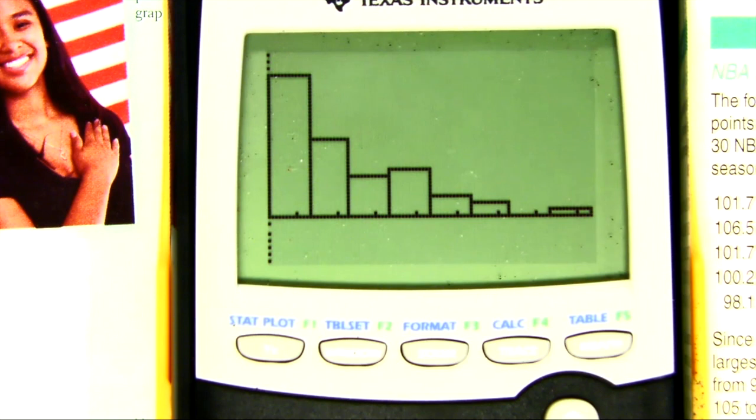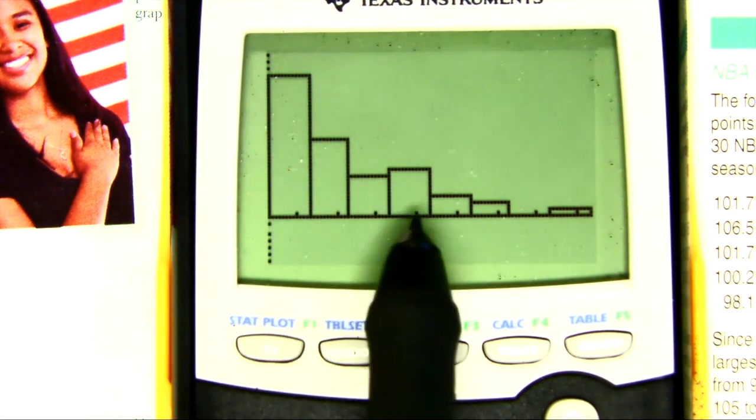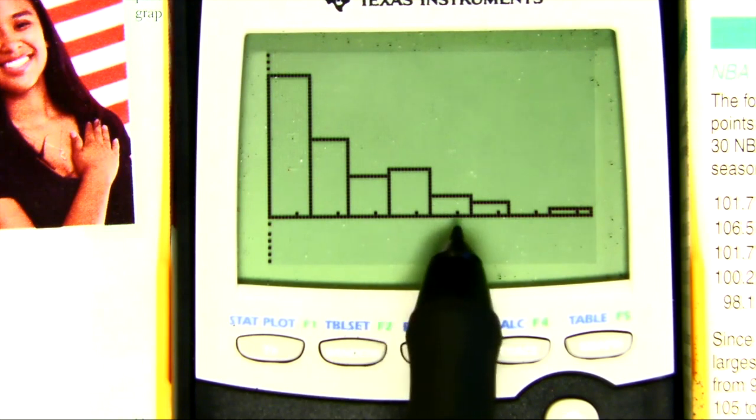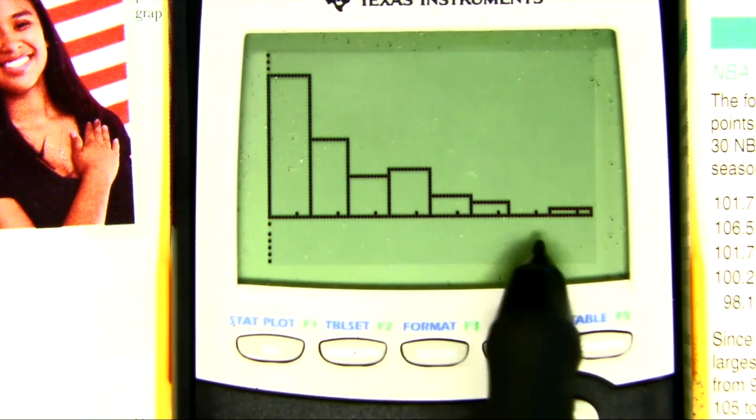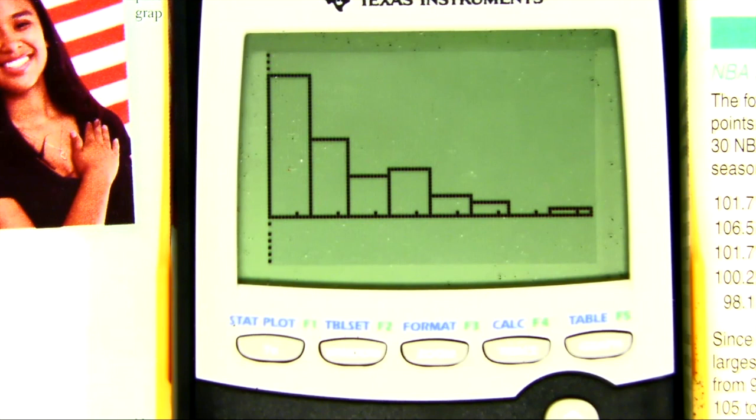Okay. If I'm looking across, I see 1, 2, 3, 4, 5, 6, 7, 8 different classes that they've made for this histogram. And so that's where maybe as we start to get into this a little further, we might want to be like, oh, I don't know if I want 8 bars in my histogram. I want to change it.